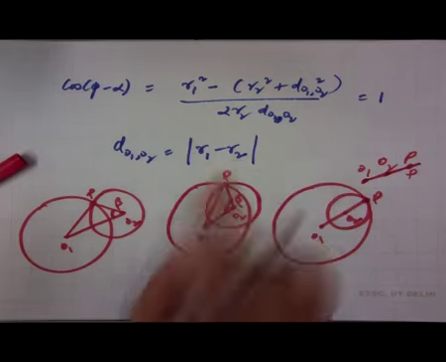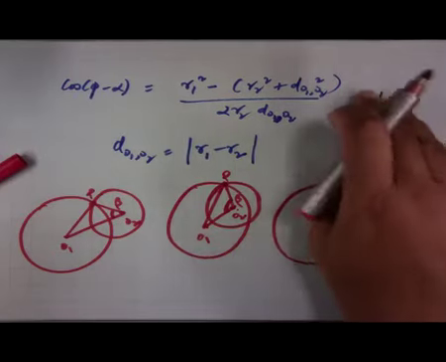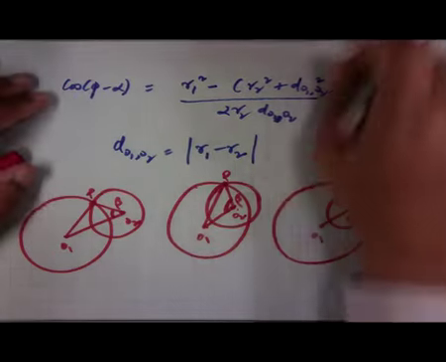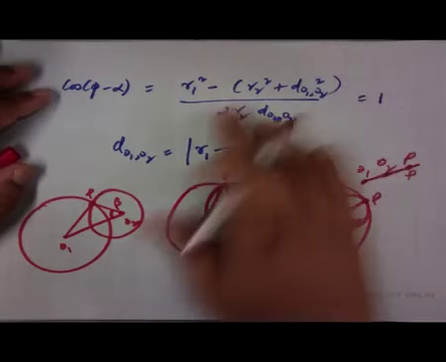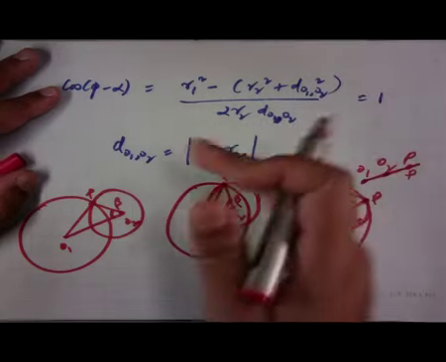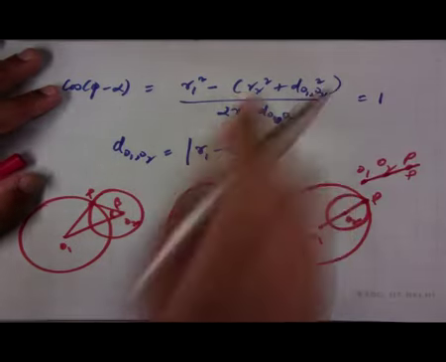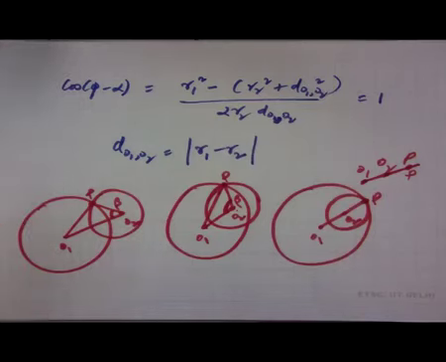And vice versa also, it is very easy to show. If we just look at this equation, we had substituted this to be equal to 1 because we were interested in the two scenarios where we have only one solution of phi.